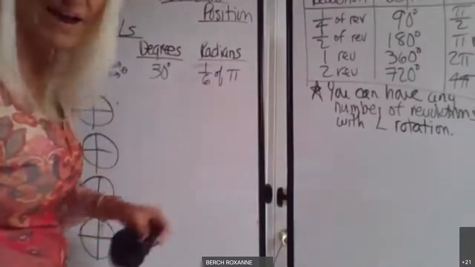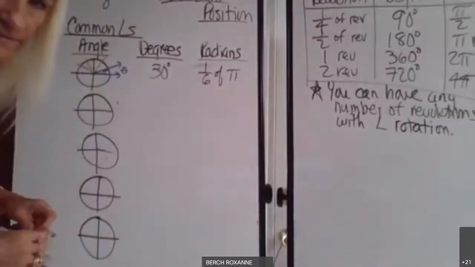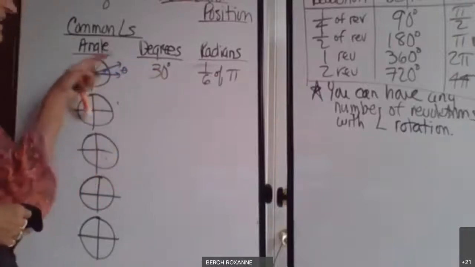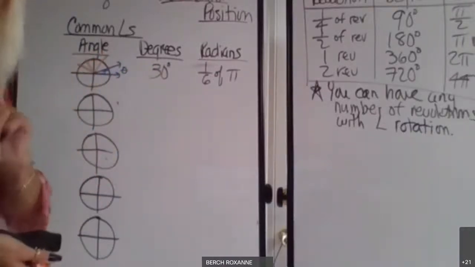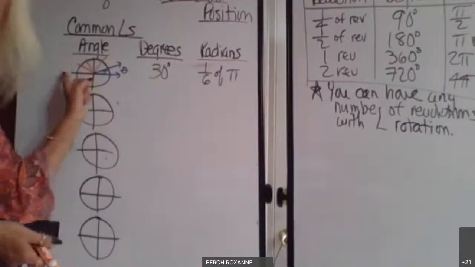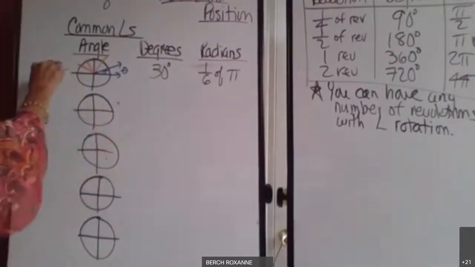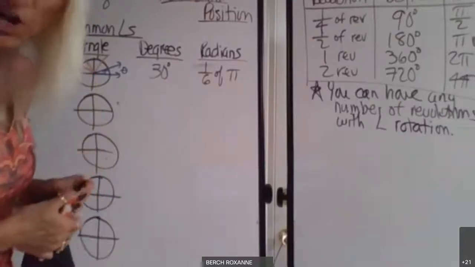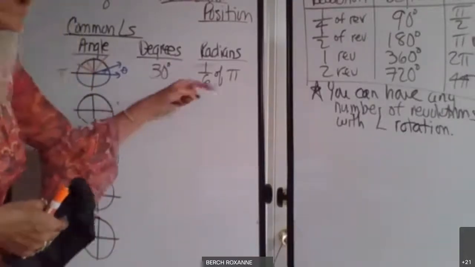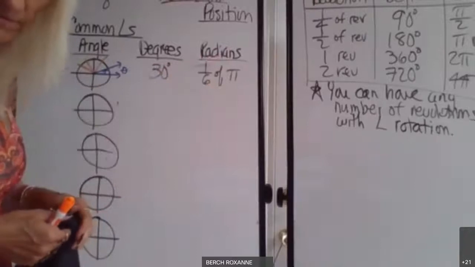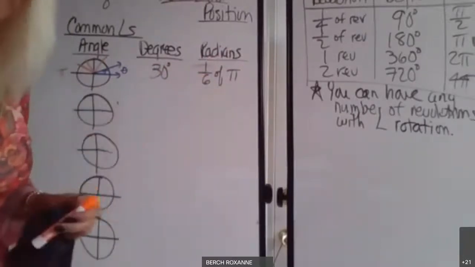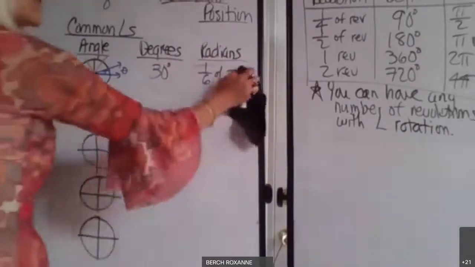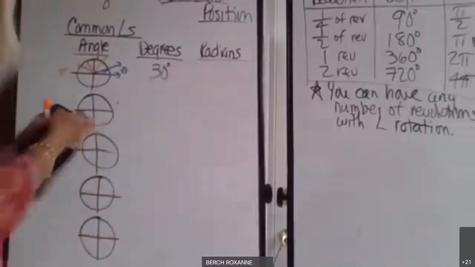So wouldn't that be pi over 6 radians? Look up here, this is very important that you get this. This is pi over here, right? So if I divide it into 6 parts, wouldn't it be 1/6 of pi? And of in math means multiply. So wouldn't that be pi over 6 radians?